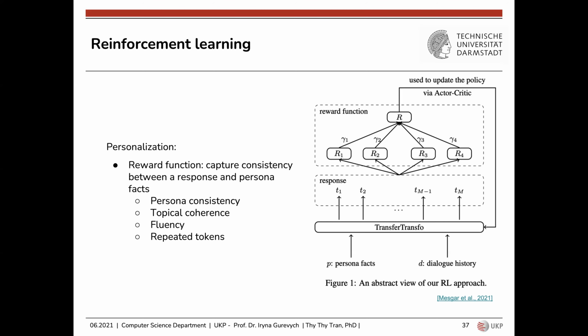The second is topical coherence, which ensures the similarity between the response and the last user utterance. Fluency and repeated tokens make sure that the response is grammatically correct and coherent.